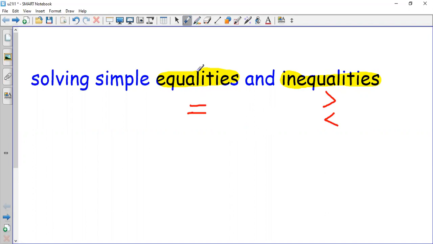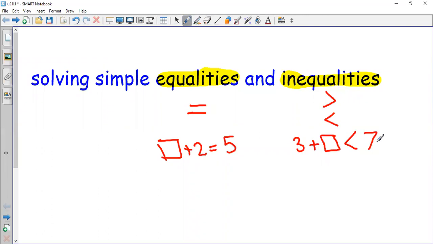For example, an equality like what plus 2 equals 5. This is an example of equalities. And inequalities like 3 plus what is less than 7.